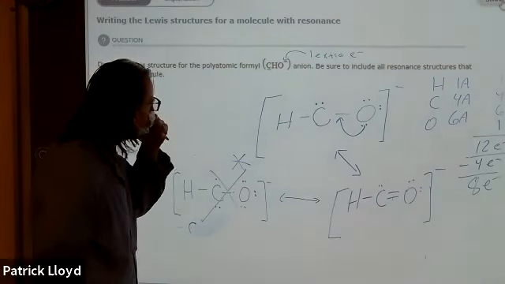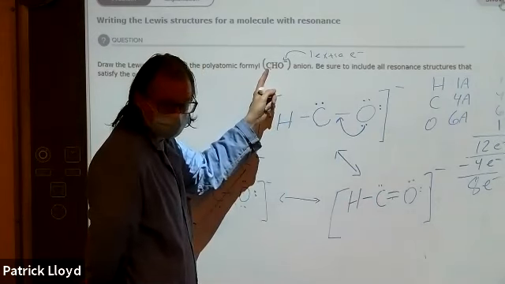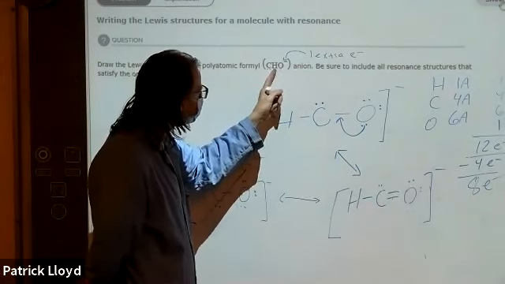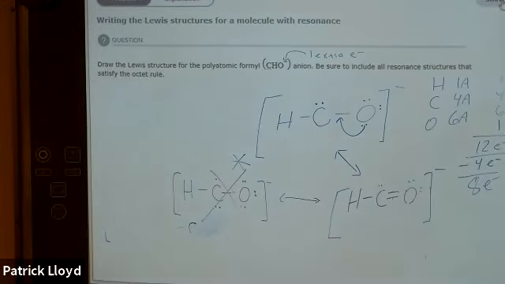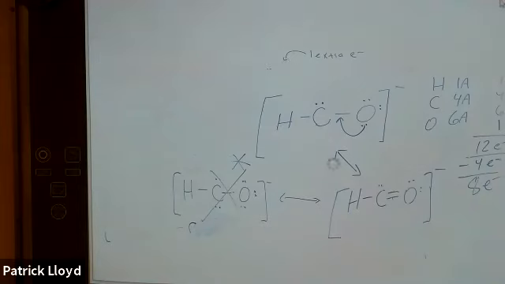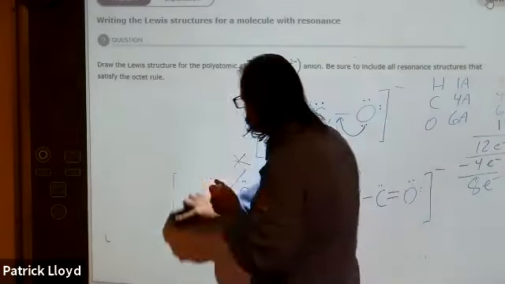Okay. Again, when you look at these structures, carbon is the one that's going to be the center, and the other atoms are going to be attached to it. This is called the carbonate ion, CO3 2-.